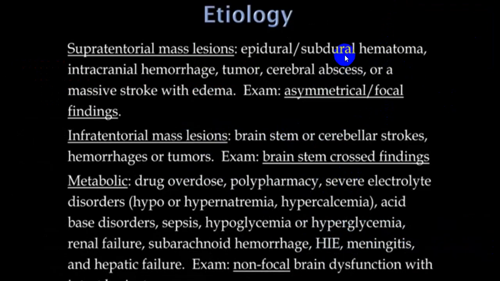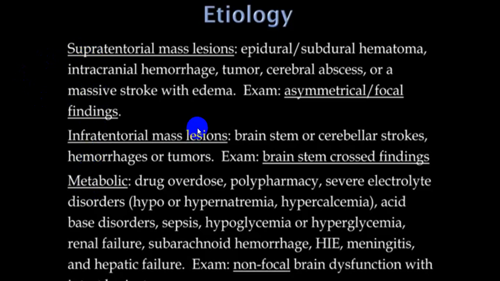So you can divide into two big groups, supratentorial and infratentorial, and among extracranial groups, metabolic disorders, etc. Whatever causes we have mentioned before, you can divide them into supratentorial and infratentorial.